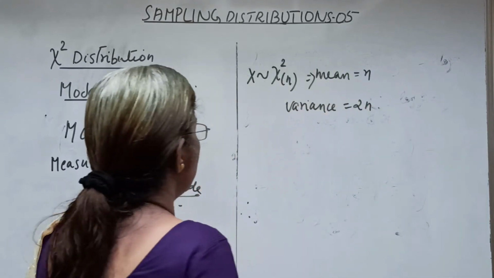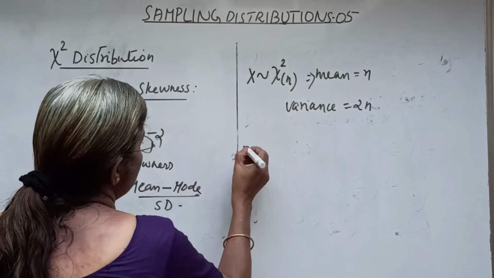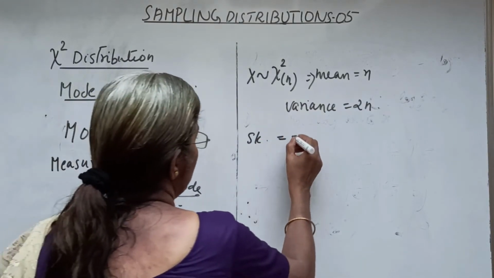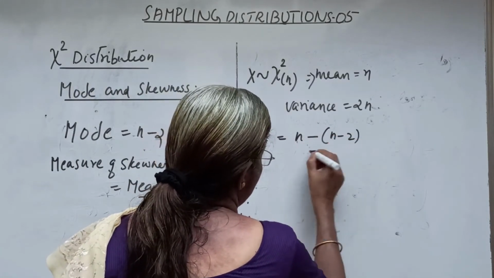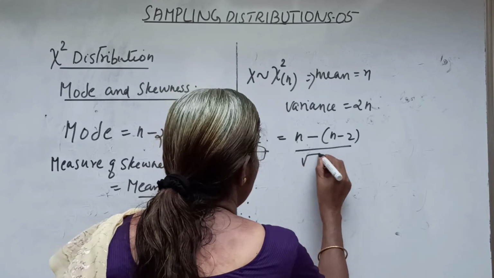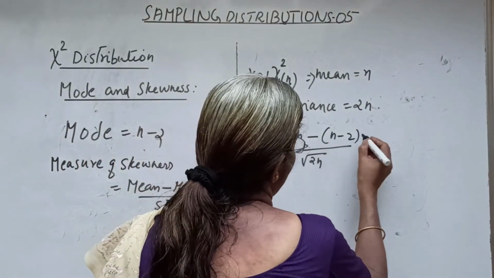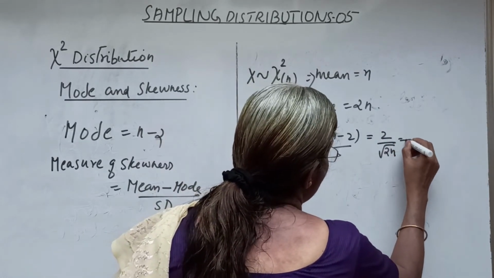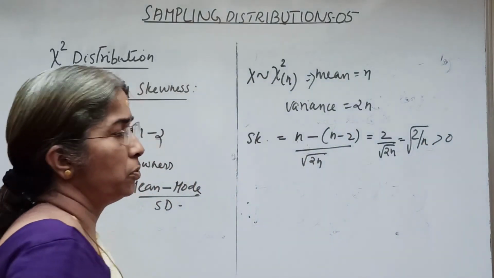Therefore, skewness equals mean n minus mode n minus 2, divided by standard deviation root of 2n, which gives 2 by root of 2n, that is root of 2 by n, which is greater than 0.